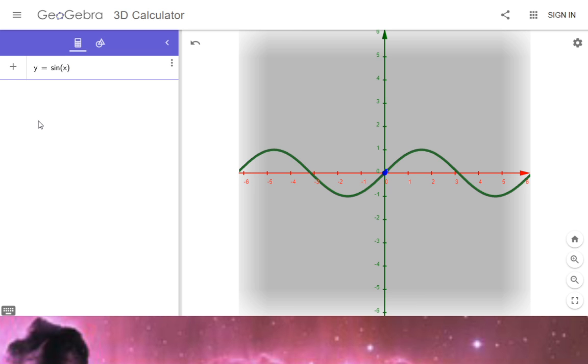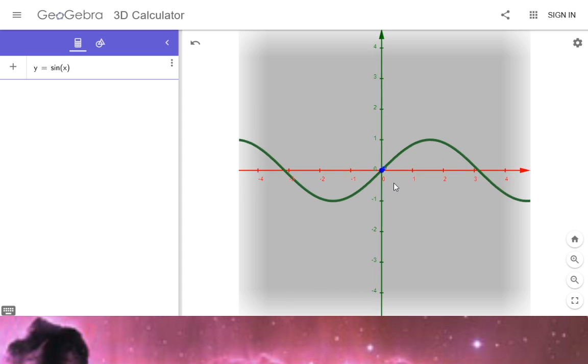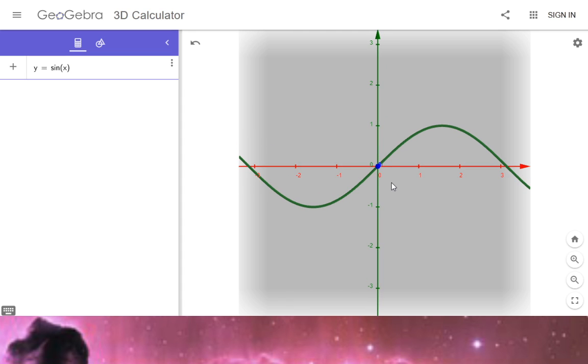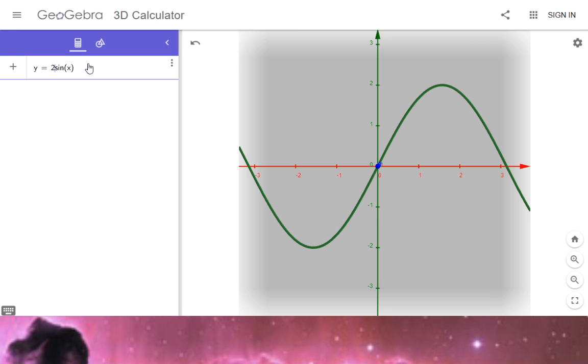Alright, so y equals sine x. When we talk about music, okay, we talk about waveforms. Now, the number in front of y equals sine of x is the amplitude. So if I do 2 times, well, it's actually taking the multiplier, but I can add that in there.